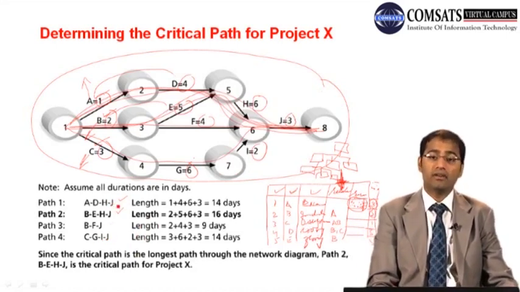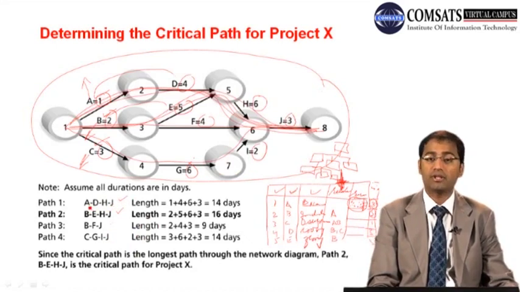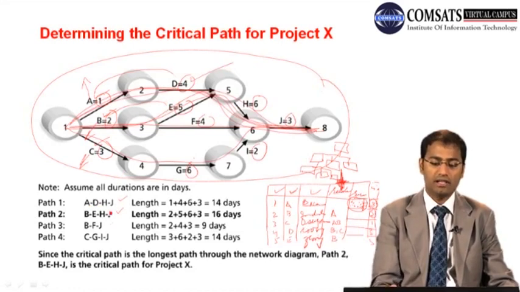Now write the duration of the respective activities and sum them up. The duration of A is 1, D is 4, H is 6, and the duration of J is 3.